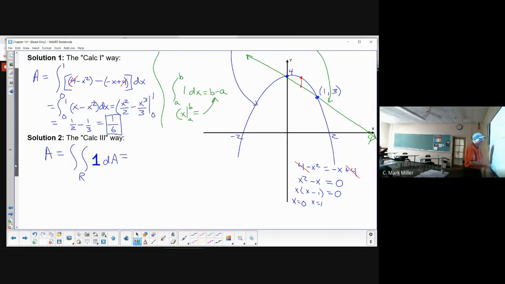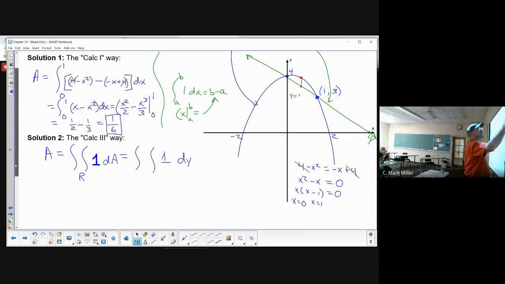So we're going to have integral 1. Which direction is this? Which variable is changing along that red line? Y. X is fixed along the red line. So the way I'm setting it up here, dy. And y goes from what to what? Well, what's y down at the bottom?